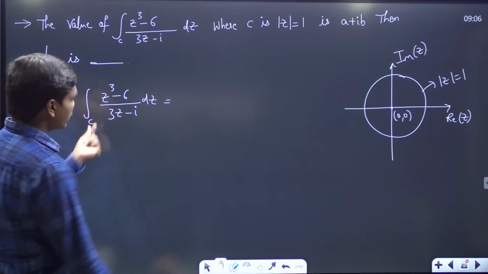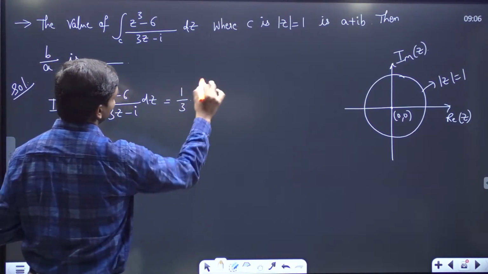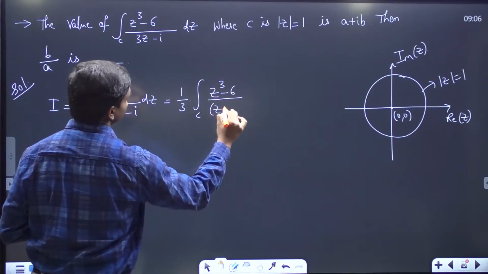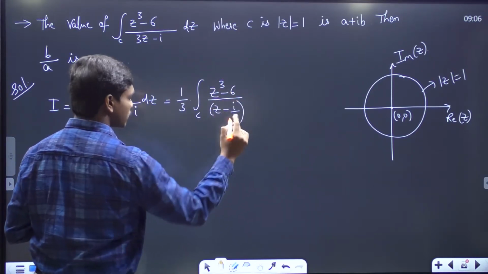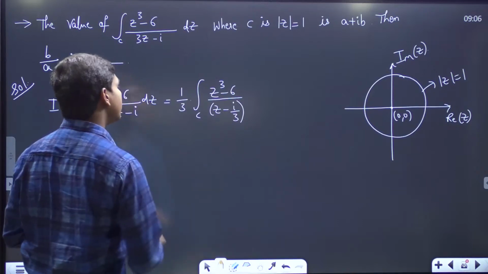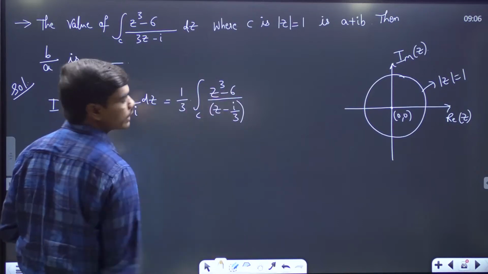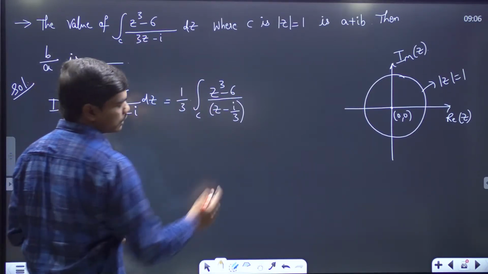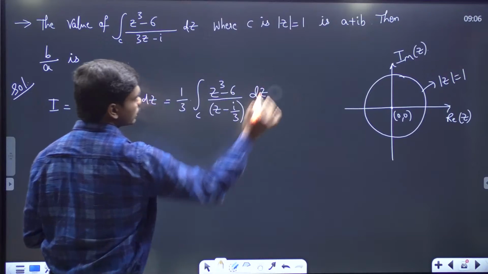If you take 3 common in the denominator, 1 by 3 into the integral over C of z cube minus 6 divided by z minus i by 3, because Cauchy's integral formula I gave you is for the form z minus z naught. Here definitely there should be z, so to get z you need to take 3 out.